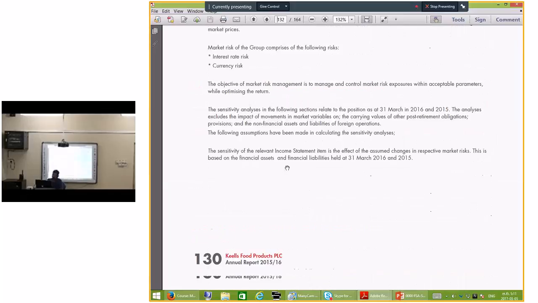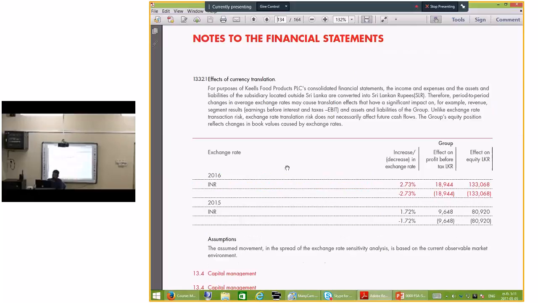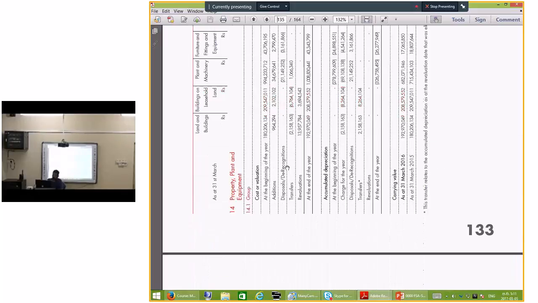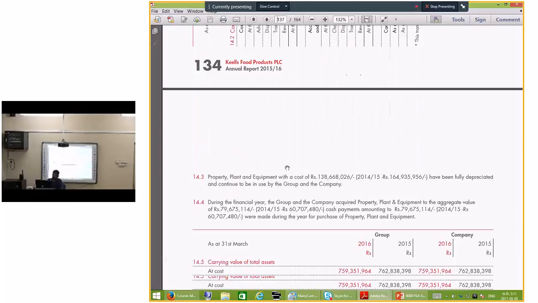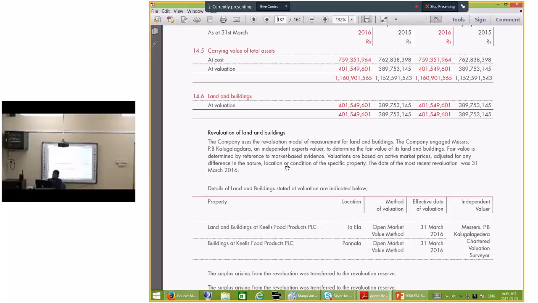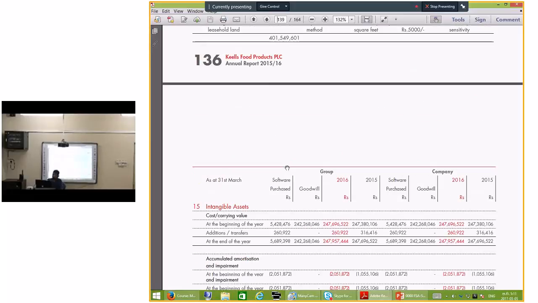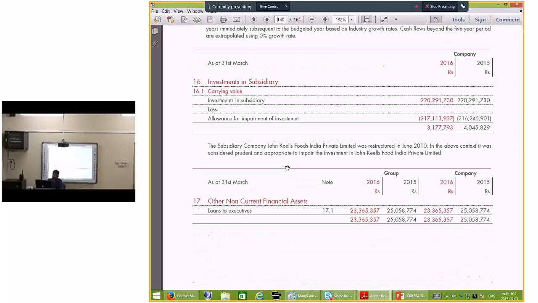Not only the financial statement, right? Then you can see financial highlights and governance details, corporate governance details, and strategies and risk management policies.